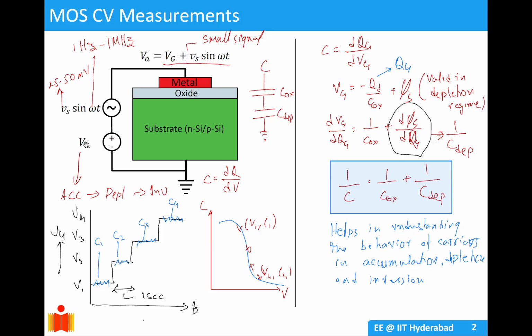Like if Vg is on the order of volts, Vs is on the order of millivolts, and you apply a frequency which can be 1 hertz to 1 megahertz.